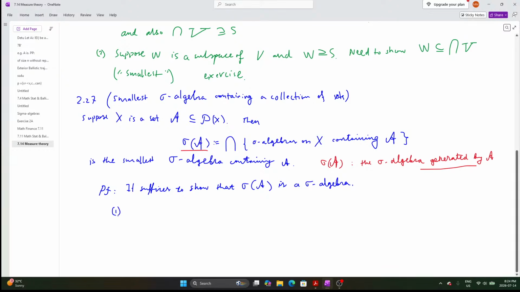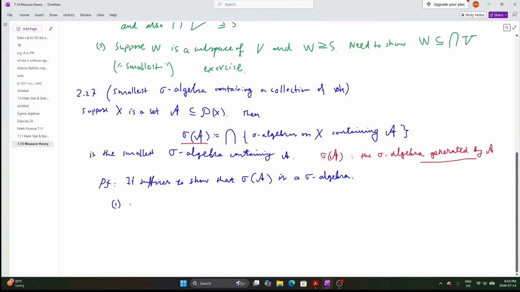One, the empty set belongs to sigma of A. How do we prove that? This is simple, because every sigma algebra on X containing A contains the empty set, and we're done.